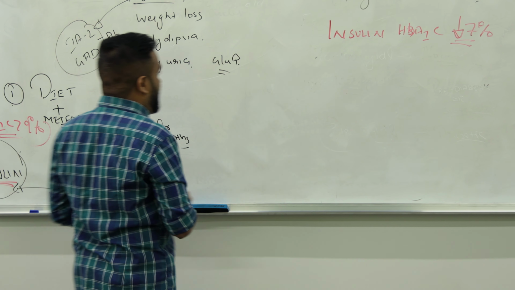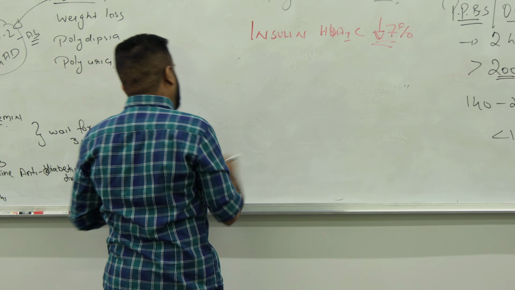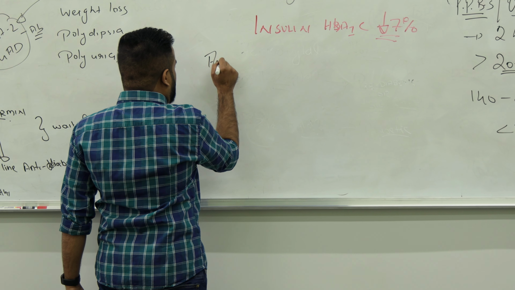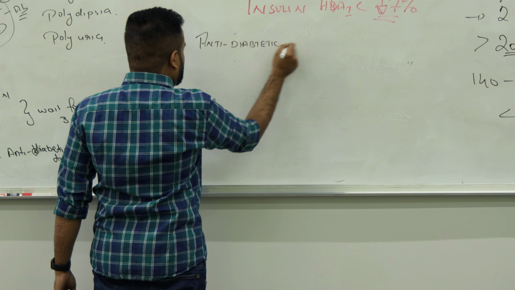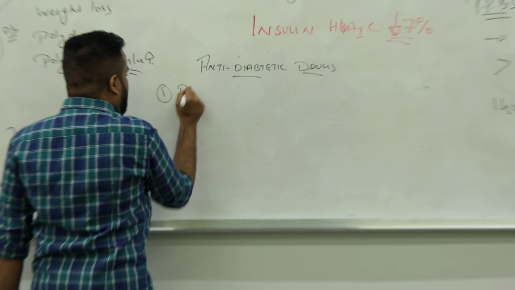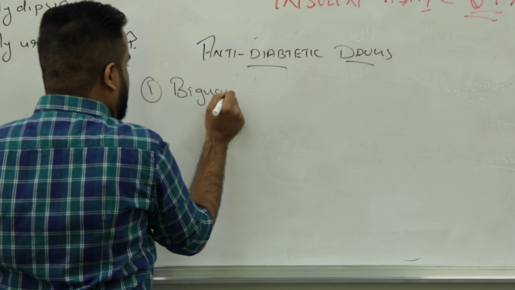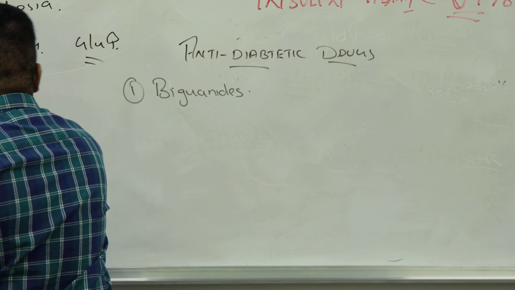Then what else do you have to know here? If the patient has diabetes, you can give a drug or insulin accordingly, right? So there are some famous anti-diabetic drugs. The first one, the first line drug, is called the biguanides. One of the best examples of biguanides is what?